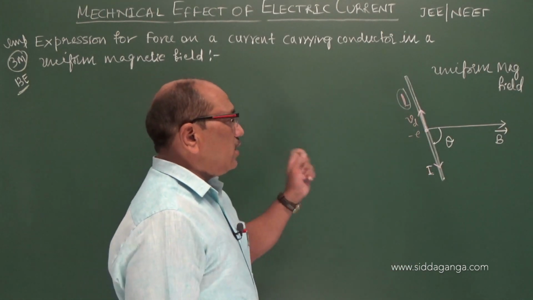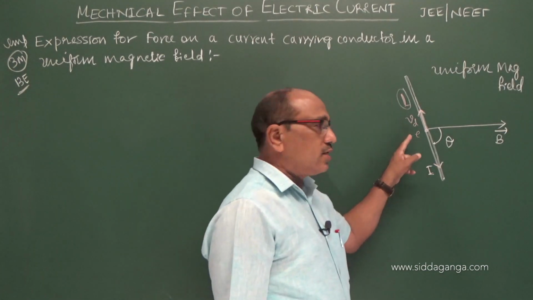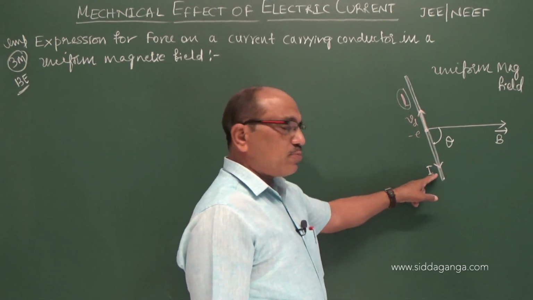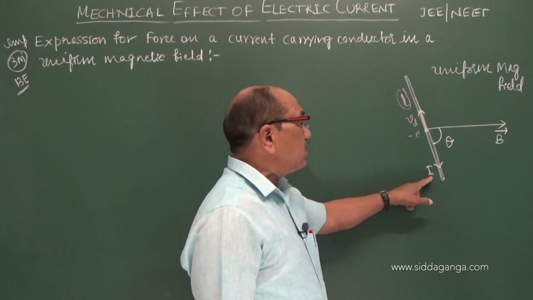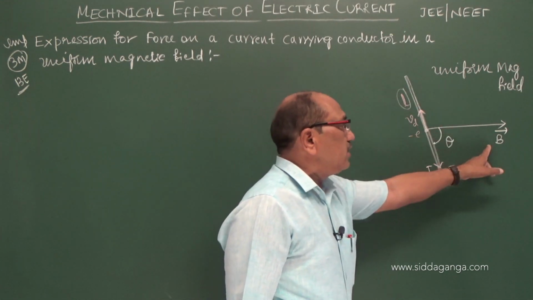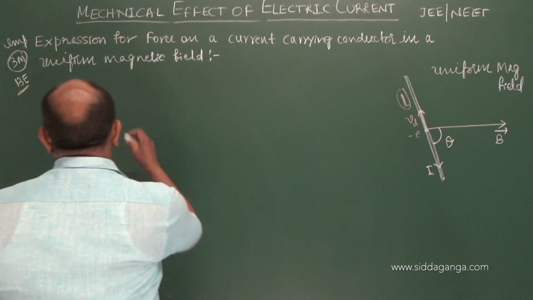So every electron which is drifted with velocity in the conductor due to the applied potential difference, responsible for constituting the current, is experiencing a force because of the field in which you place that wire. What is the force on each electron?